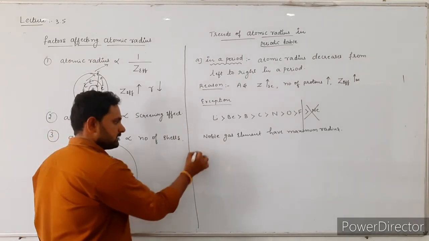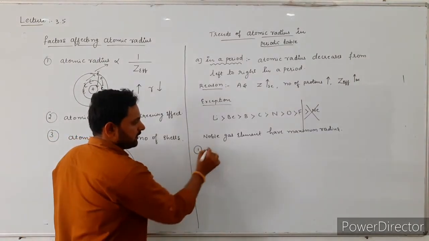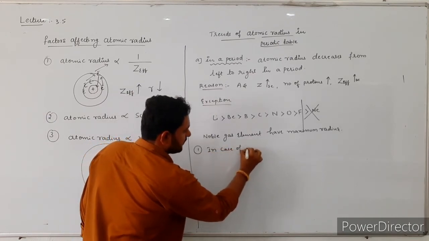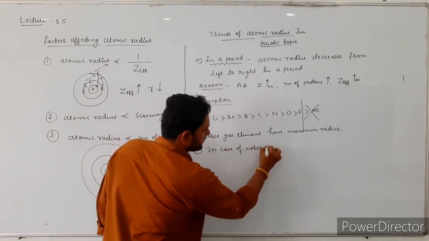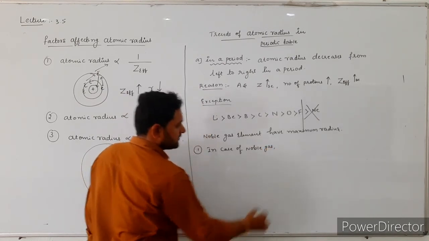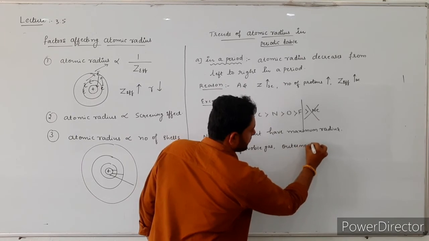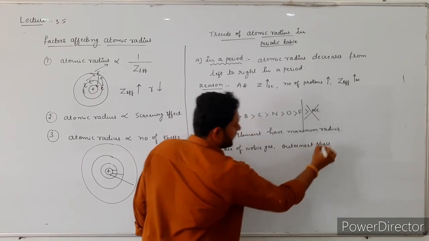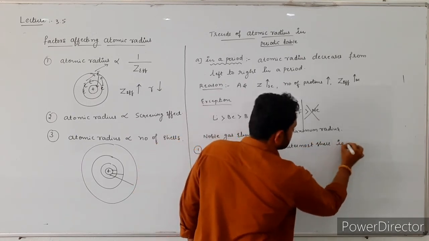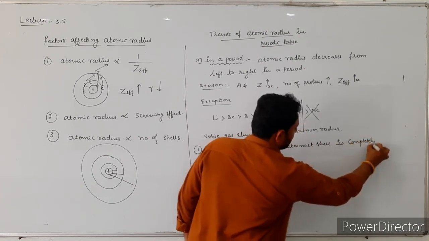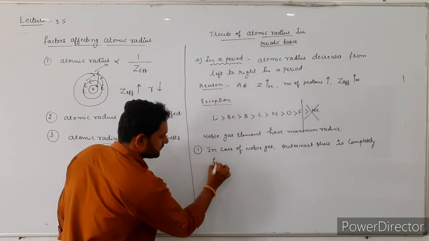Because of two reasons. One is, in case of noble gas, the outermost shell is completely filled with electrons.